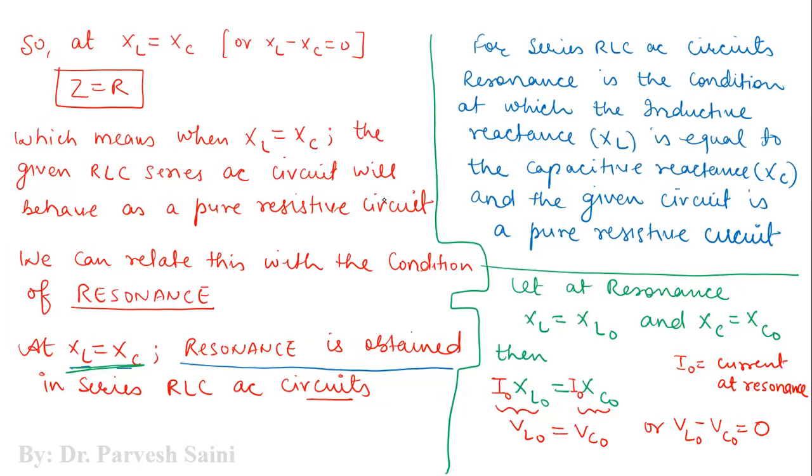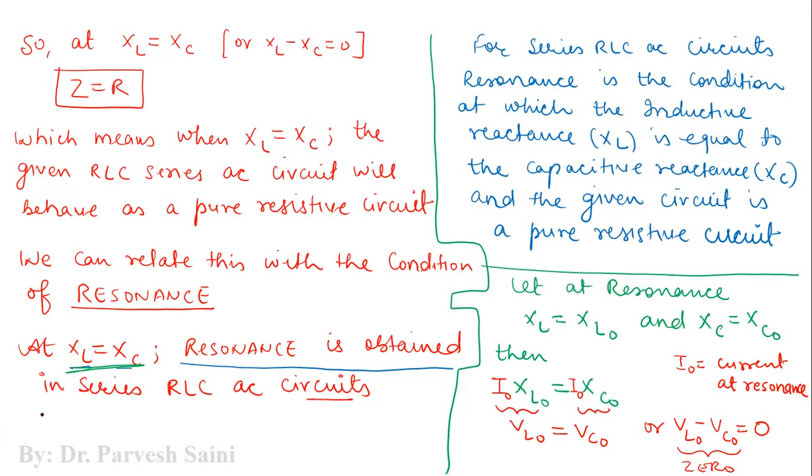This means the effect of voltages across the reactive components is 0. The effect is 0, not the voltage is 0. They will have the voltages, but since they are cancelling each other, we are saying that their effect is 0.